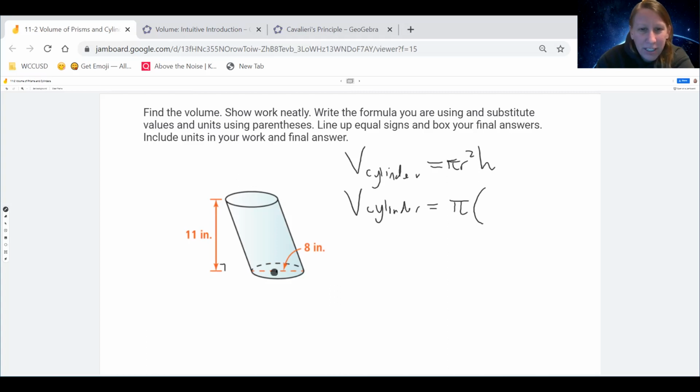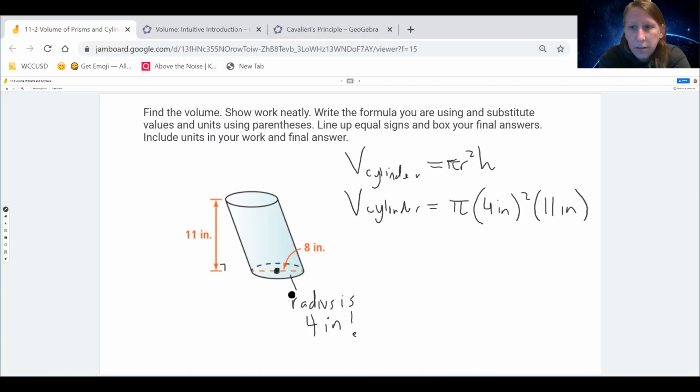What do I need? I need the radius. Okay, so sometimes you have to do a little extra work. The radius is 4 inches because it's half the diameter. So we have 4 inches squared times the height of the prism, or in this case, cylinder, is 11 inches.